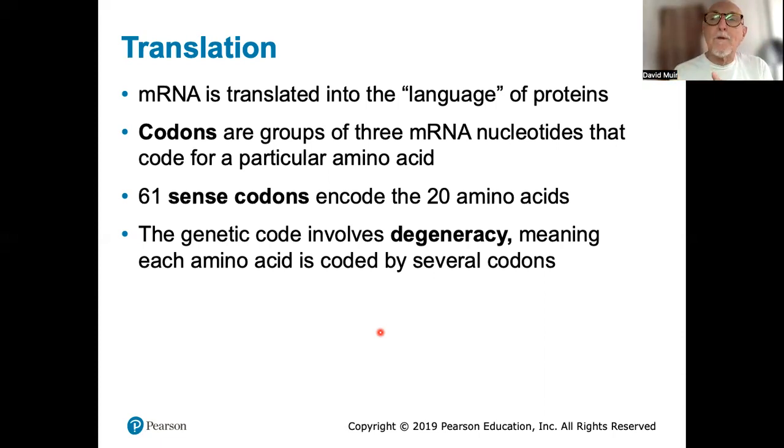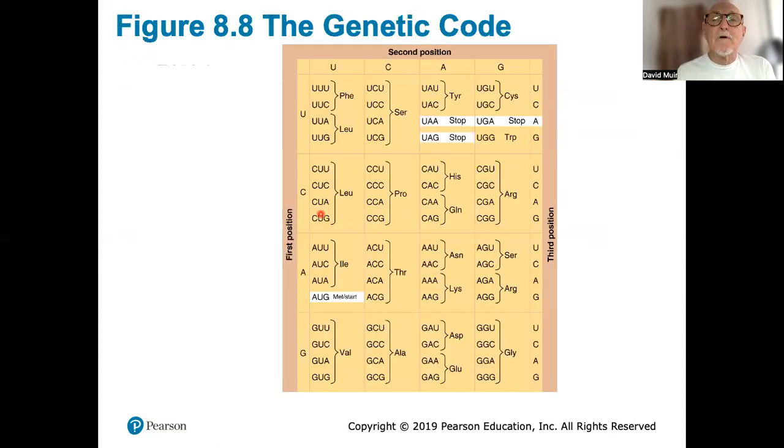And the other important thing to realize is that for those 61 codons, each one has a specific transfer RNA. And transfer RNA is linked to the codon and to the amino acid that the transfer RNA is going to carry.